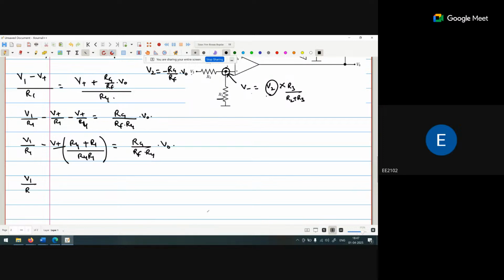So V1 by R1 minus V2 R3 upon R2 plus R3 into R1 plus R4 upon R1 R4 is equal to Rg Rf R4 times V naught.